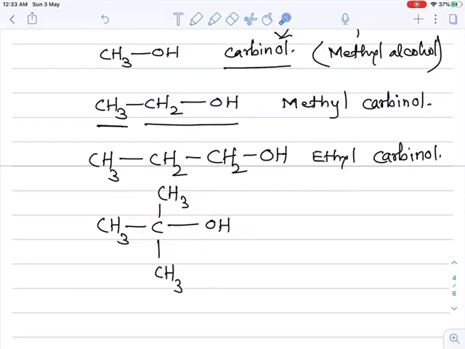To this carbon 3 methyl groups are attached. So this is trimethyl carbinol. Okay, so this is about the carbinol system.